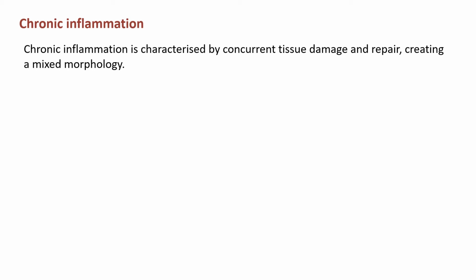So you've got all these things happening all at the same time. The damage itself is facilitated by things like proteases, free radicals, reactive oxygen species, lysosomal enzymes, anything that is going to damage the tissue because we've got an inflammatory process going on.